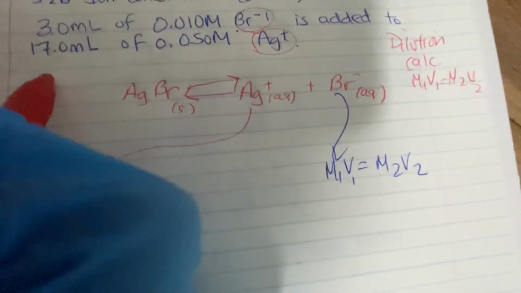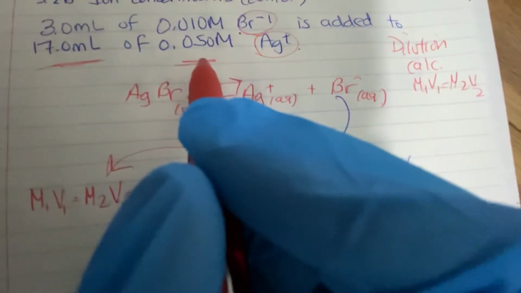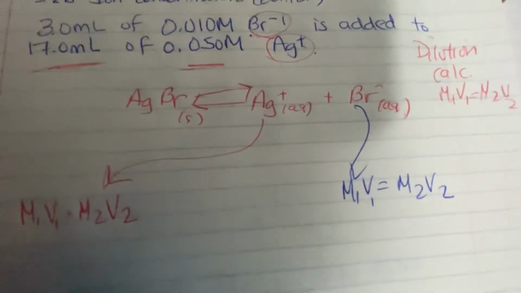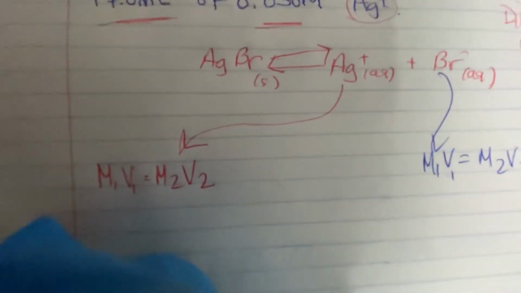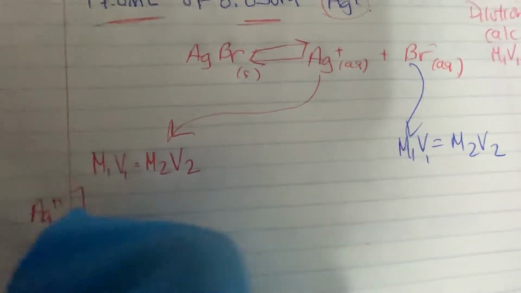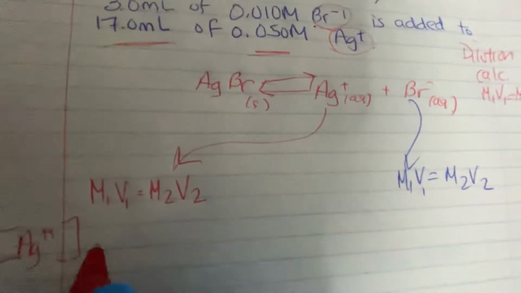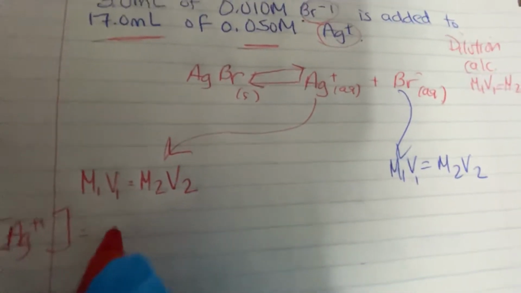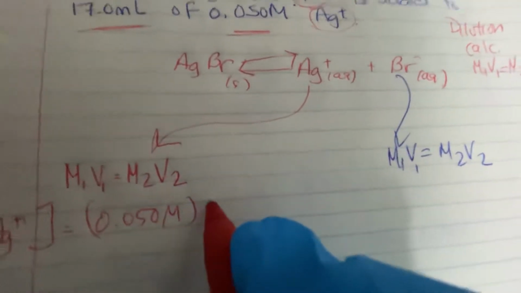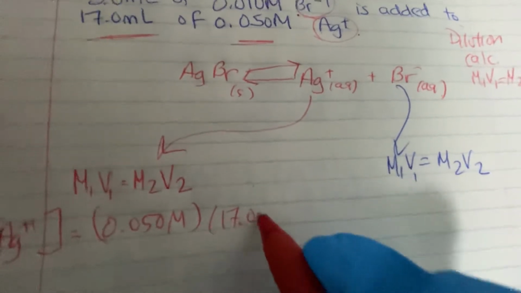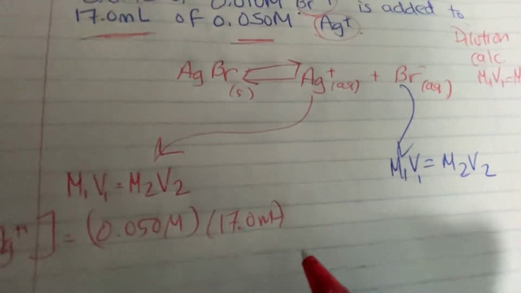So we have 17 mL of 0.05 molar. That's going to be our initial starting point. So Ag+ is equal to M1, which is 0.050 molar, times 17.0 mL.